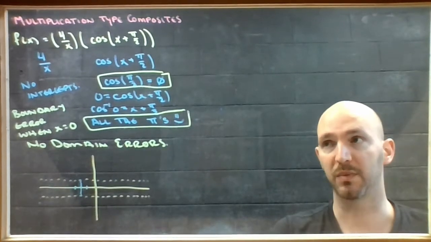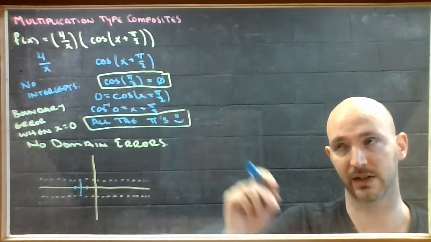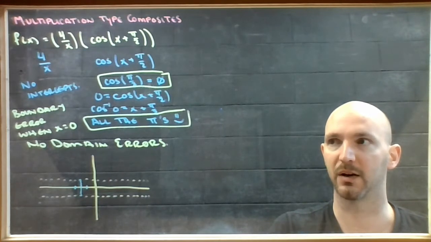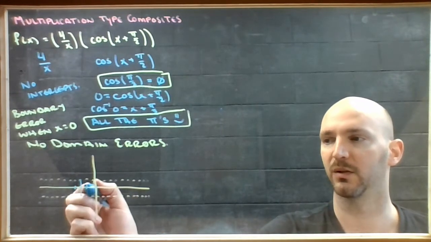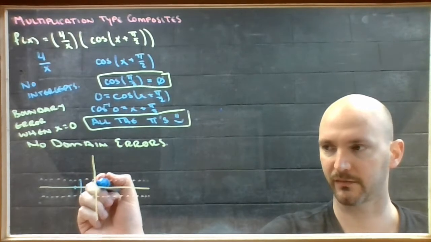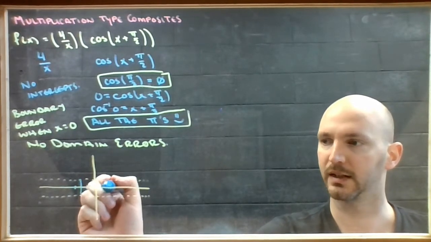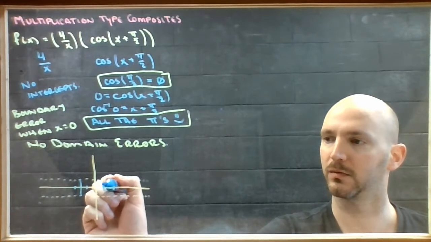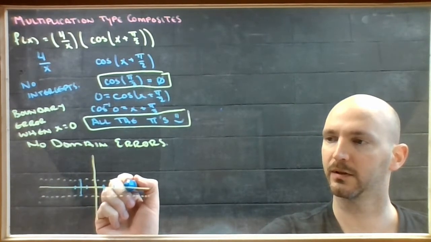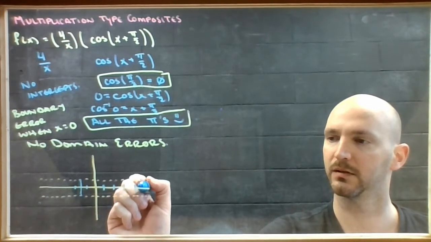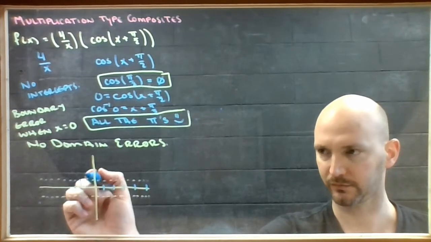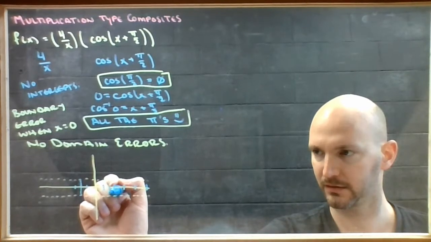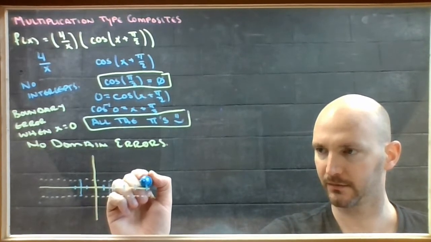And then it's going to repeat, because it doesn't have a k value in it, it's going to repeat every 2 pi units. 2 pi is about 6. So 1.5, 1.5, 1.5, 1.5.